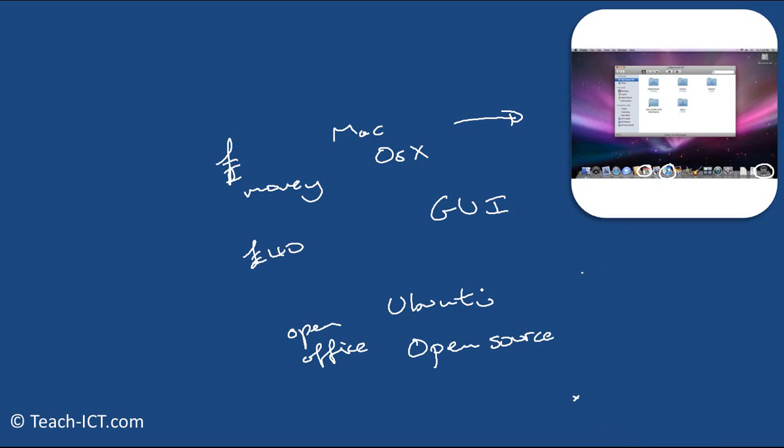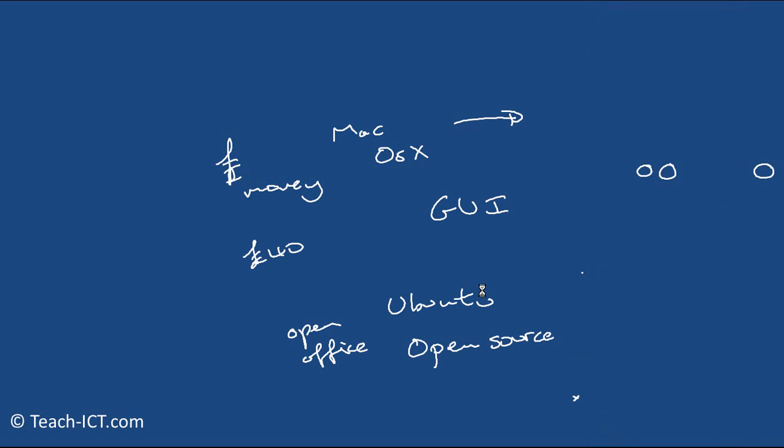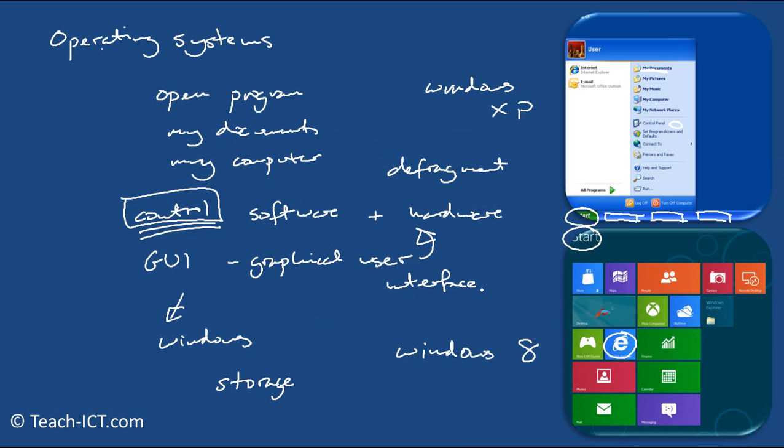The Macs have got their OS X or Snow Leopard, I don't know what the latest version is, and then we go back to Windows, and you can see we're moving up to Windows 8 now. But there we go, operating systems. You control the software, the hardware, and where documents are basically stored.